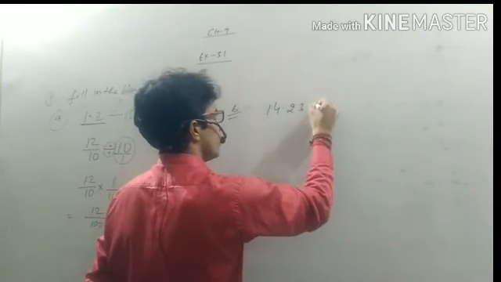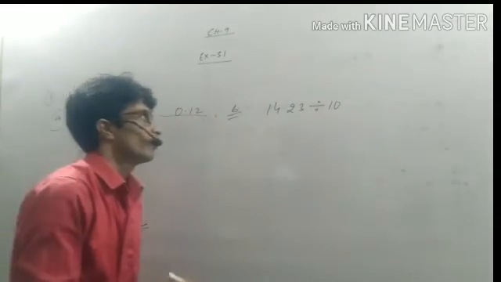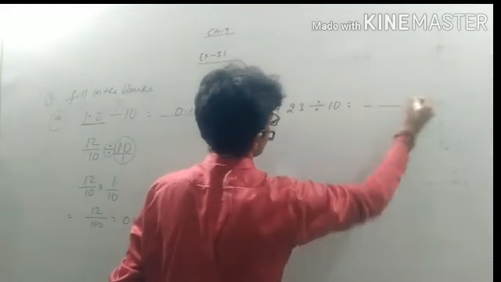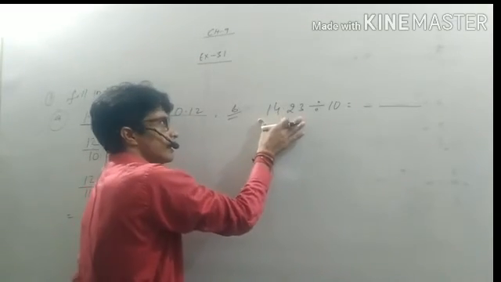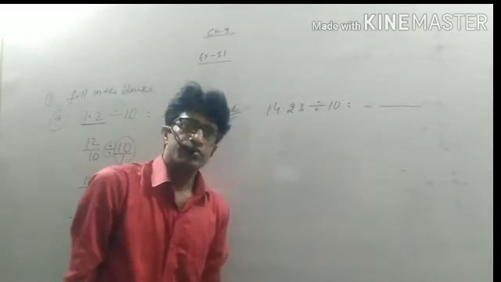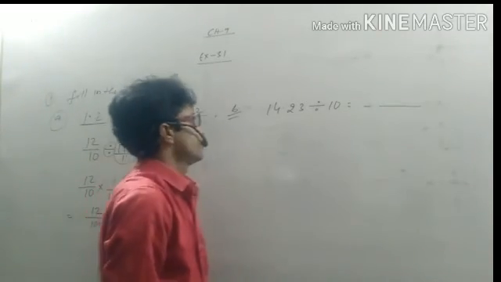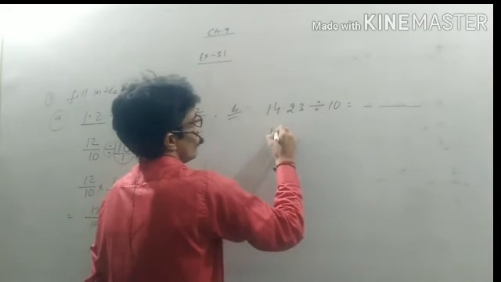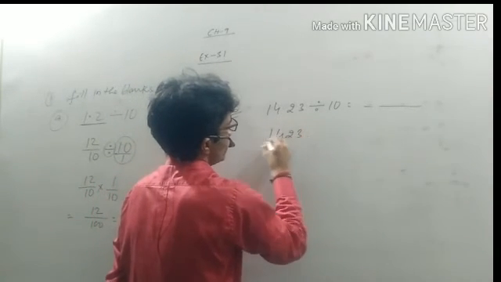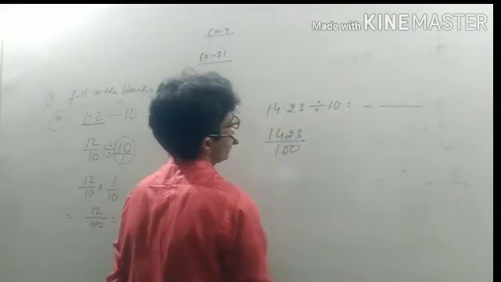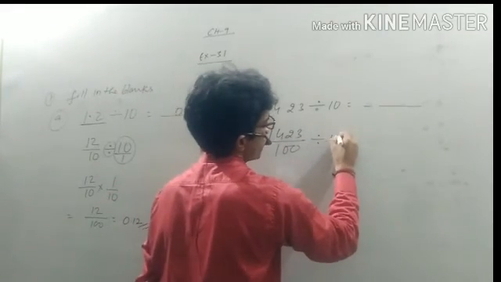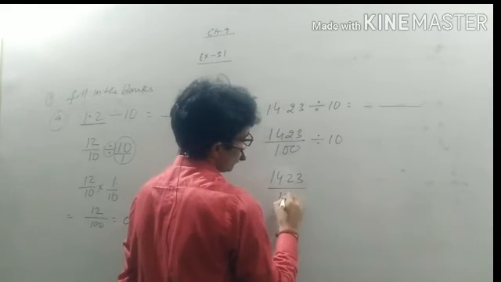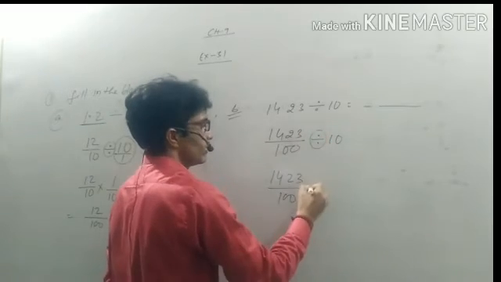Okay, and next question, question B: 14.23 divided by 10. So let us start. Change the decimal fraction into a fractional number. We can write 1423 upon 100 divided by 10. Now we write 1423 upon 100 and change the division sign into multiplication sign.